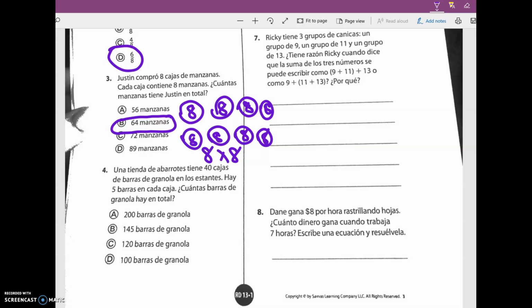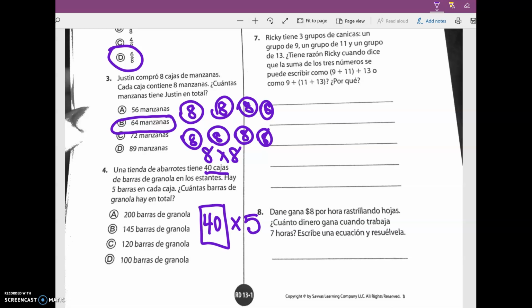Una tienda de abarrotes tiene 40 cajas de barras de granola en los estantes. Hay 5 barras en cada caja. ¿Cuántas barras de granola hay en total? Uf. O sea, tiene 40 cajas. No voy a dibujar lo que me queda arriba. Hay 5 barras en cada caja.